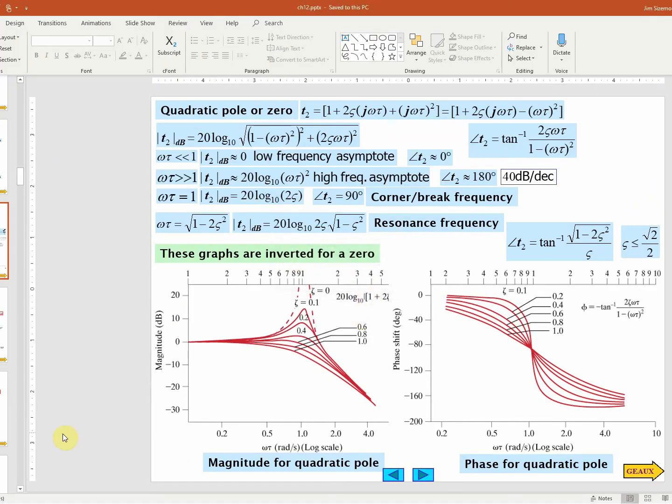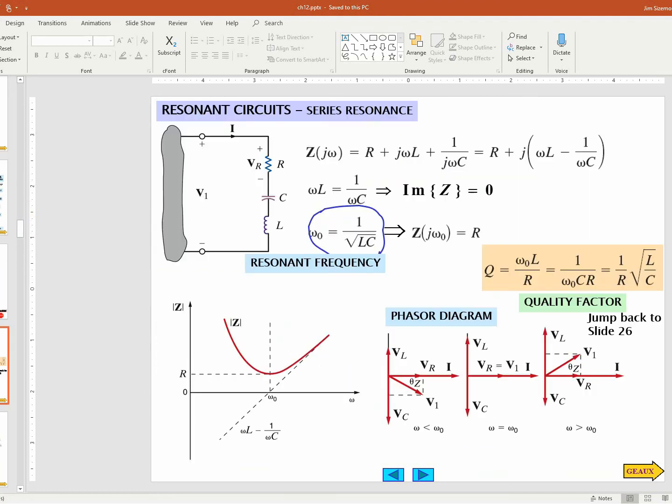Now let's go back to the slide we were on. So you see the shape of the curves, and where were we? Resonance, there we go. That's the slide we were on.